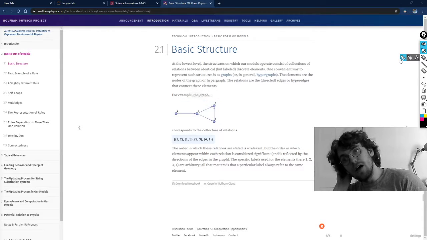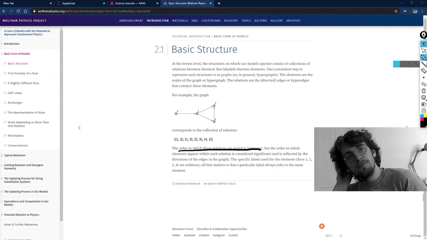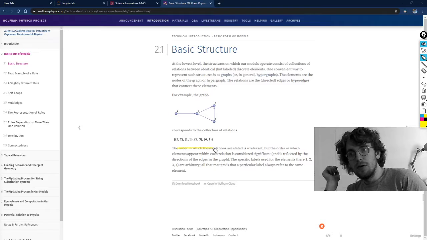So I'm very happy with this graph being this selection. Order is irrelevant. The order in which the elements appear within each relation is significant.